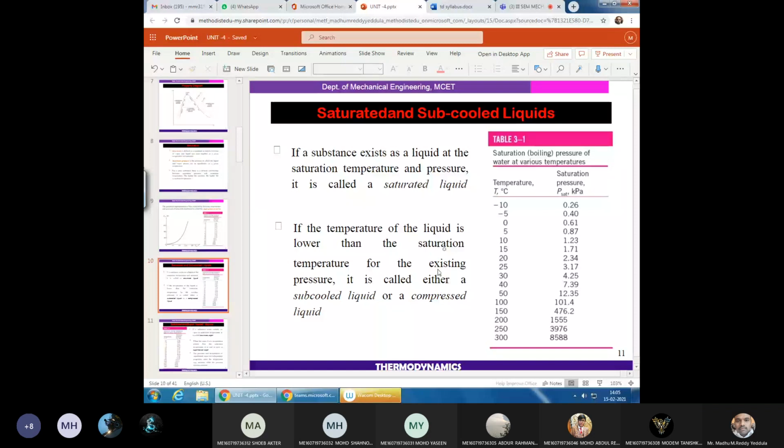As you remember, in the TS diagram, if you move left of the saturated liquid line, at that time the temperature is lower than the saturation temperature. Therefore that region is called subcooled liquid or compressed liquid.